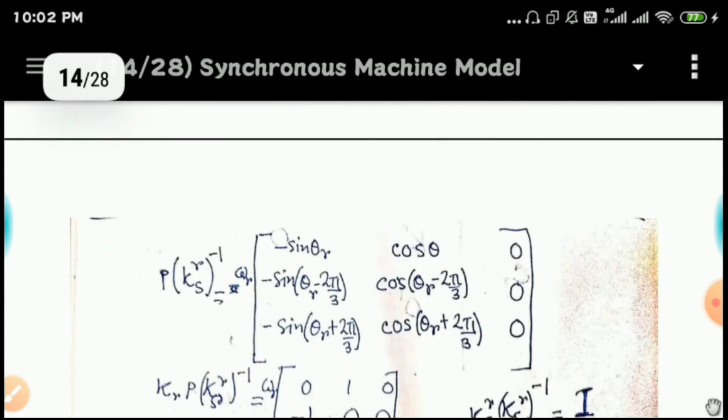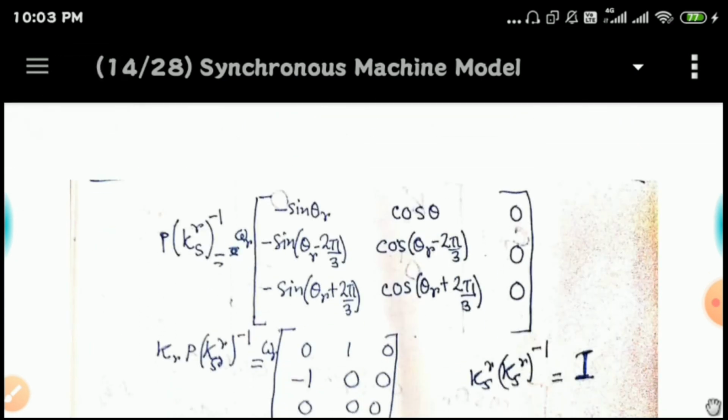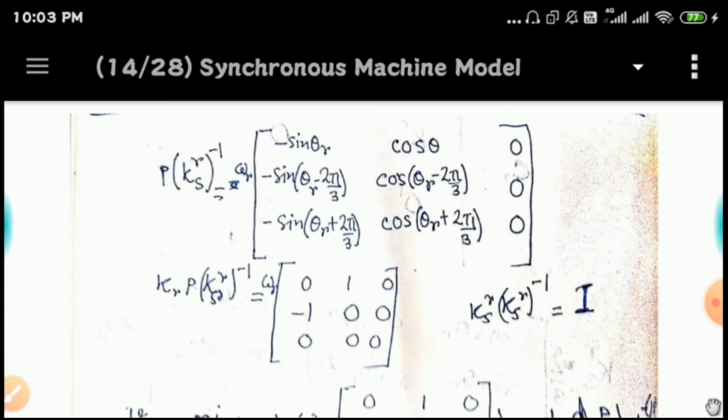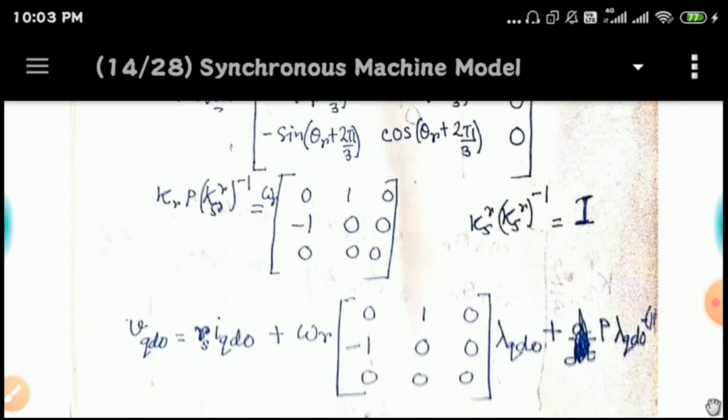If we obtain the derivative of KS inverse, we know that it will result in omega r, the rotor speed. Do remember, this rotor speed is the electrical speed, not the mechanical speed. After performing this, we will get omega; all this derivation I have already shown.